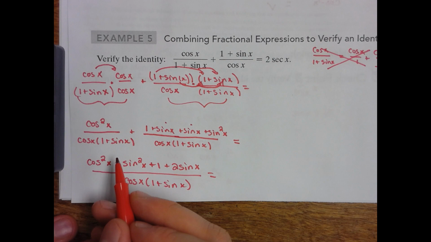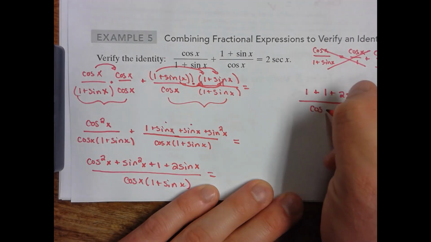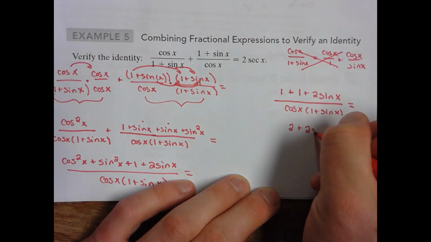Now we can use the Pythagorean identity. This cosine squared plus sine squared is now equal to 1, making this 1 plus 1 plus 2 sine of x over the common denominator of cosine of x times 1 plus sine of x. So that's 2 plus 2 sine of x over cosine of x times 1 plus sine of x.